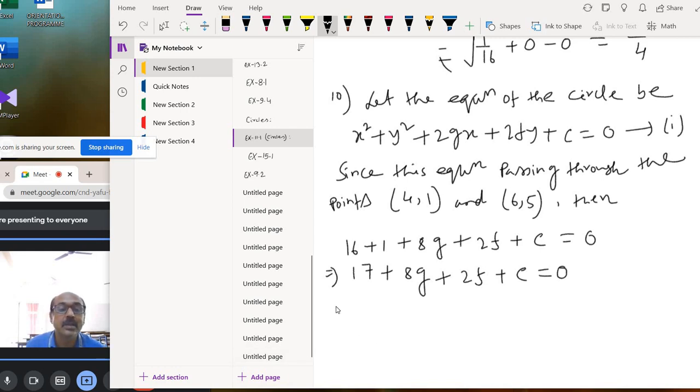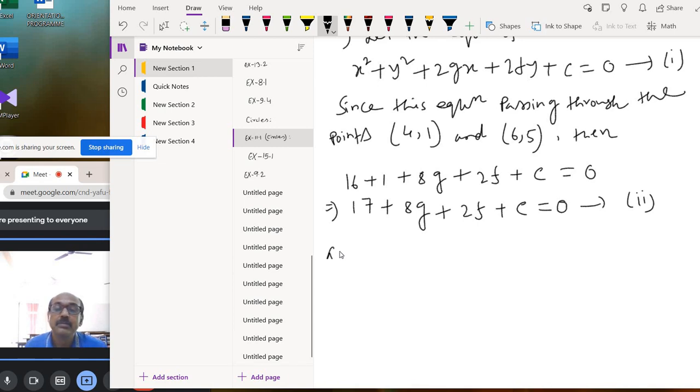Okay, this is equation number 2. Now the second point, 6, 5: x equal to 6, y equal to 5.